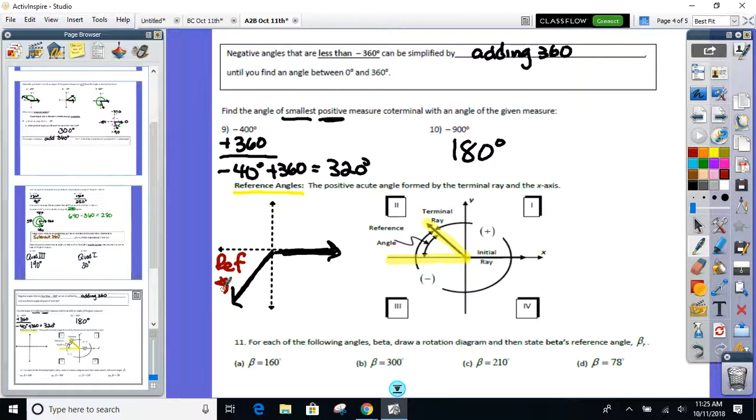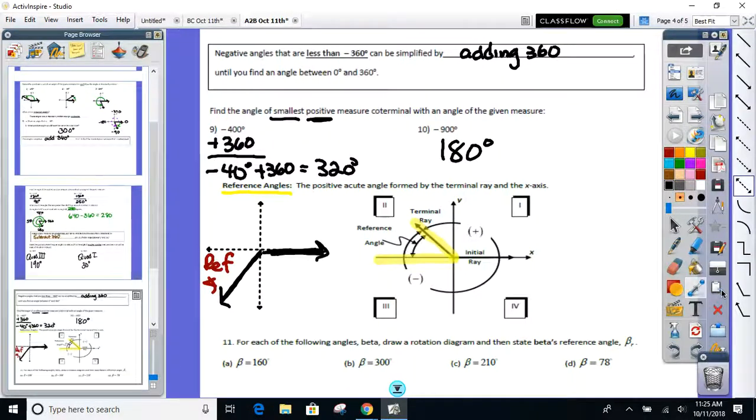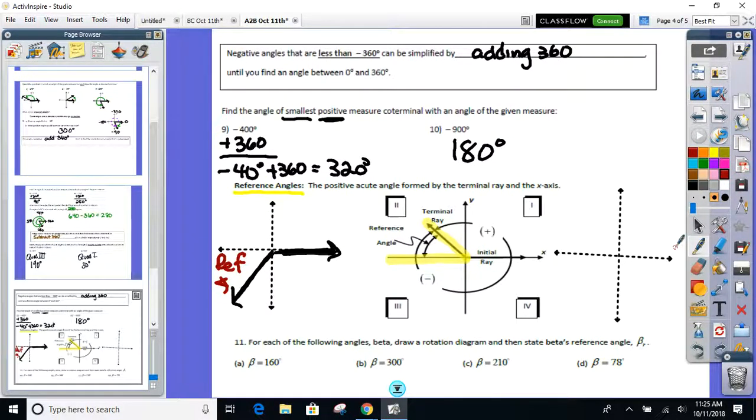One more. Can you draw an angle in the fourth quadrant for me? And let's see if you can at least figure out where the reference angle would be. Everyone's got an angle in the fourth quadrant?